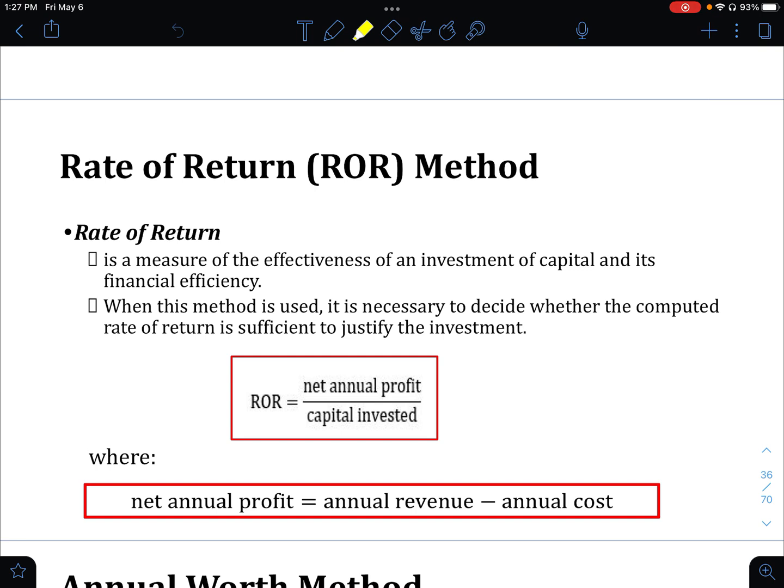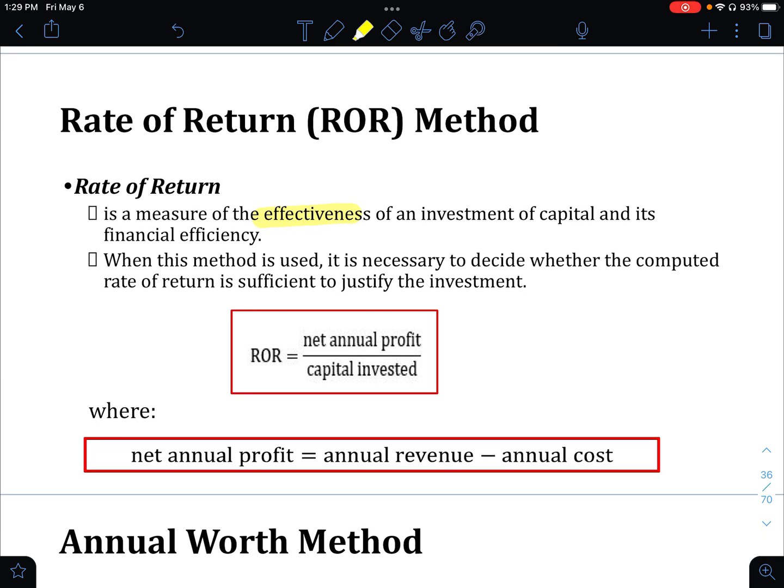So for number one, the rate of return method. The rate of return is a measure of the effectiveness of an investment of capital and its financial efficiency. So this method is to check if the final output of the cash flow, the inflows, is still sufficient for our investment.